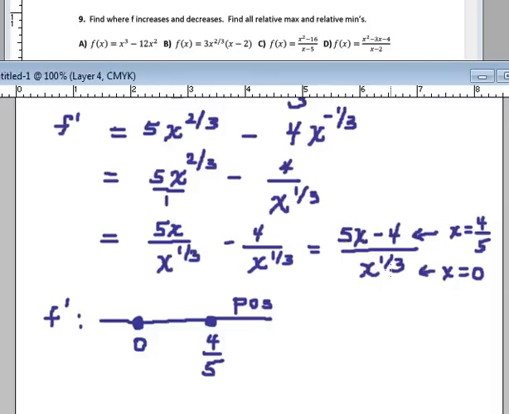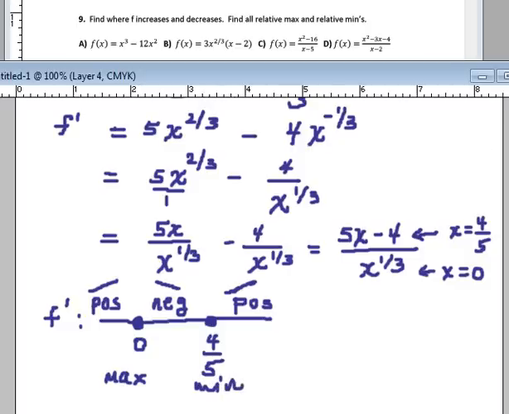This is negative and this is positive, so we have negative over here. And let's say we put in a minus 1. So this is negative and the denominator is negative. 2 negatives, so this is positive. So here our function f is increasing, here it's decreasing, and here it's increasing, making 0 a max and 4/5 a min.